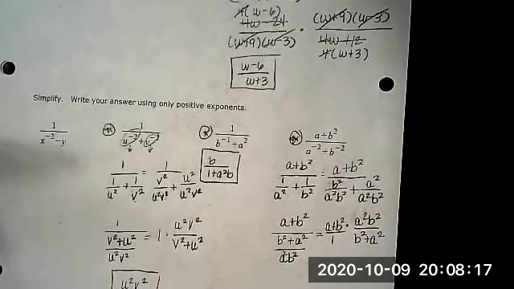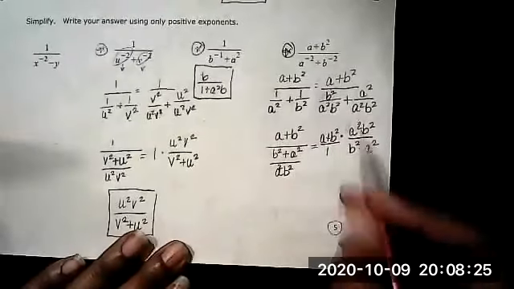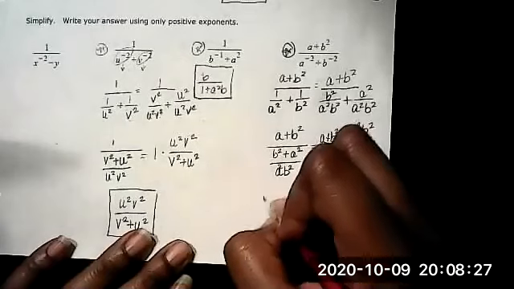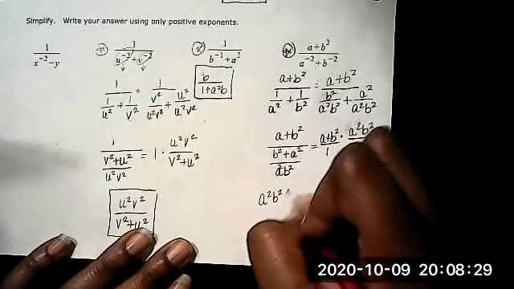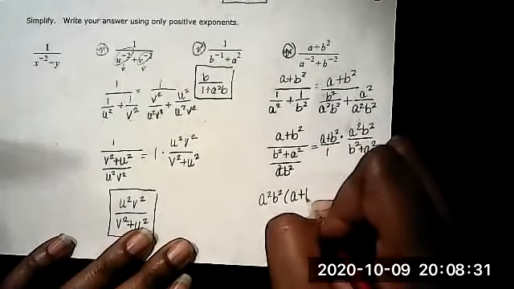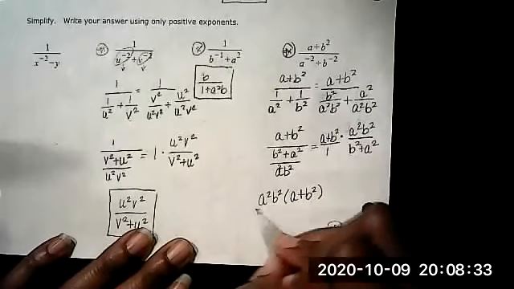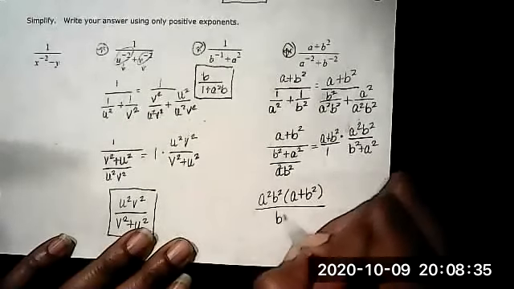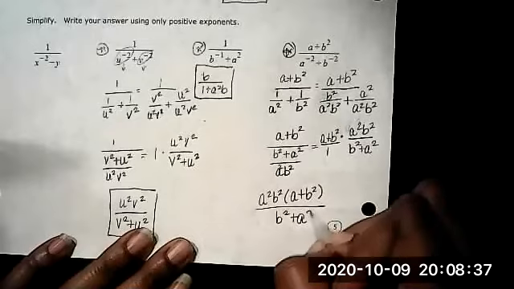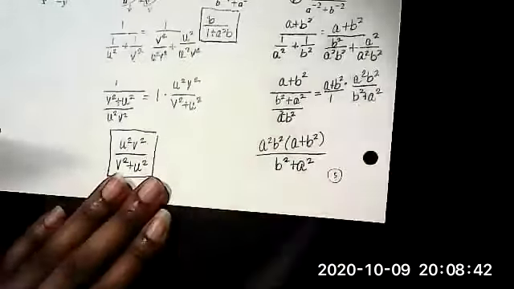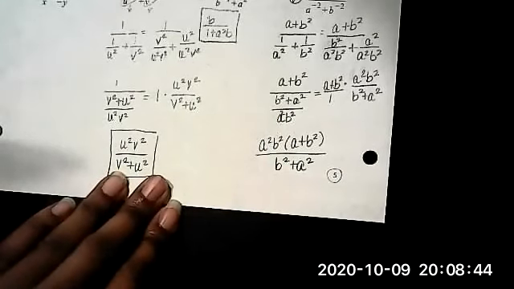And it doesn't look like anything cancels out to me. So when you multiply, just put them next to each other. You have a squared b squared times a plus b squared all over b squared plus a squared. I think that is your answer. I'm going to check it real quick, but I believe that is just your answer. Let me check that.